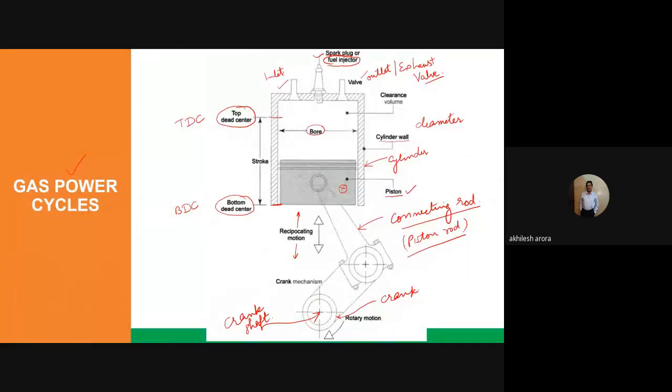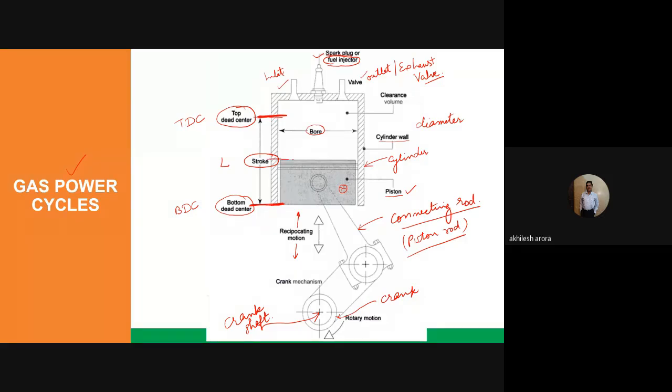As I told you, the piston moves between the top dead center position and the bottom dead center position. This length of the cylinder is known as the stroke, denoted by L, sometimes called the stroke length. So the piston always moves between top dead center and bottom dead center. The position shown right now is somewhere in between.